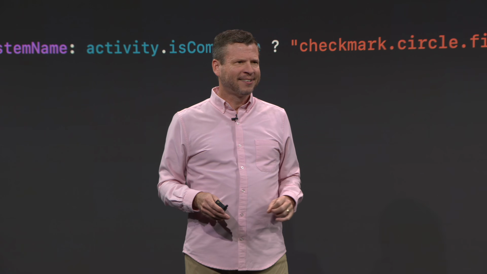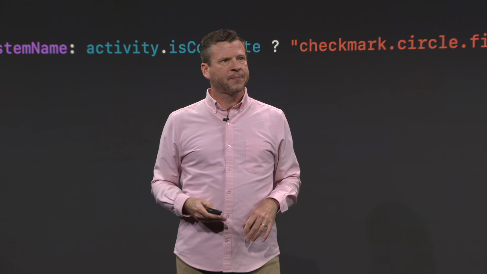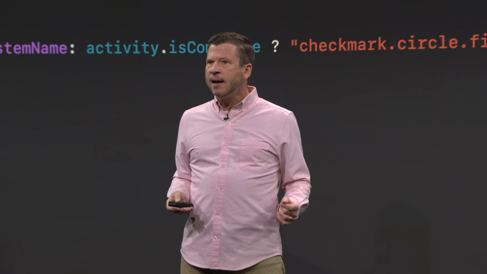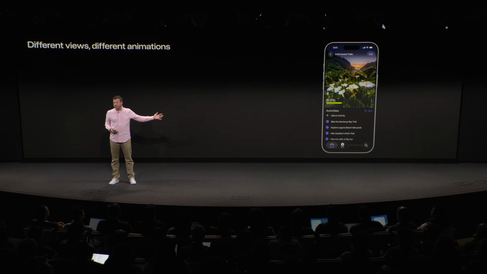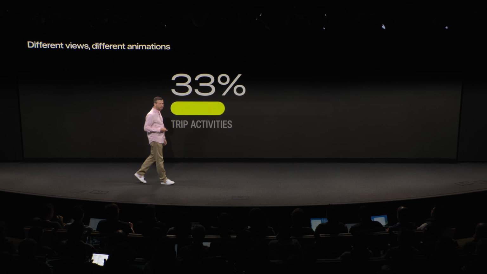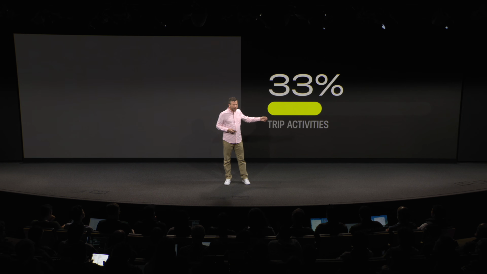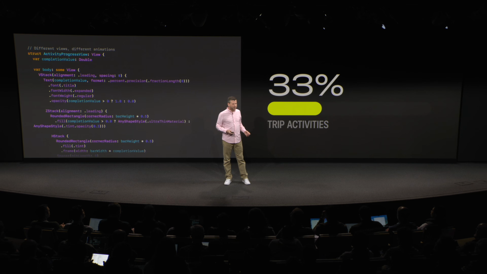On the other hand, some parts of your app might need a more precise approach. To describe that, I'll focus on just this completion overlay from the wishlist app. In the app, these three views, the %complete text, the bar, and the subtitle, are embedded in a custom activity progress view.